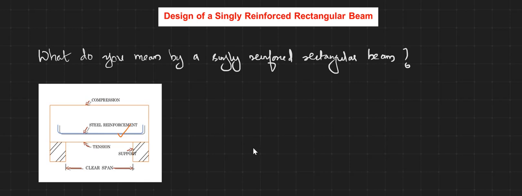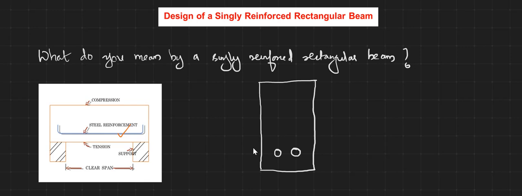So if I am drawing a cross section of this beam, taking a section at the mid of the beam, I'm placing two bars at the tension side. Then the distance from the extreme compression fiber, which in the simply supported beam is at the top, to the centroid of the reinforcement is called the effective depth, which is represented by small d.